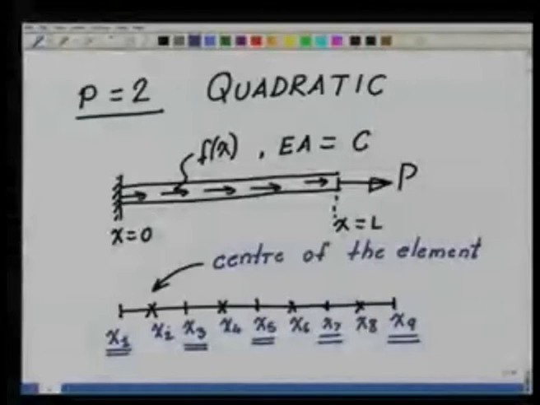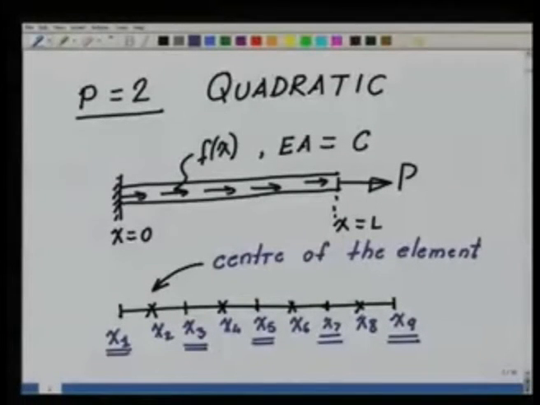These points x2, x4, x6, x8 are generally called mid-side nodes or mid-edge nodes.